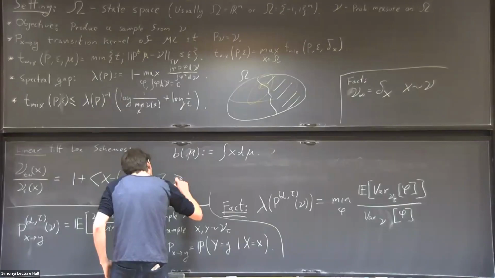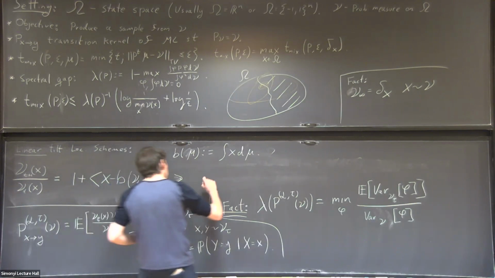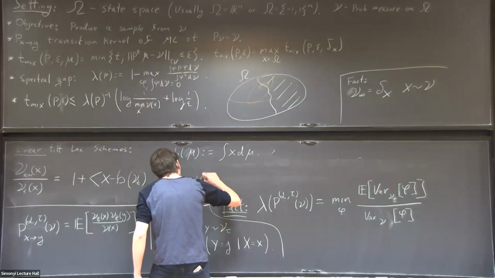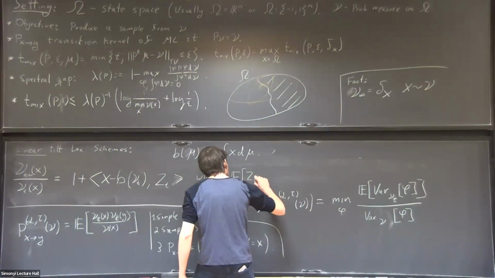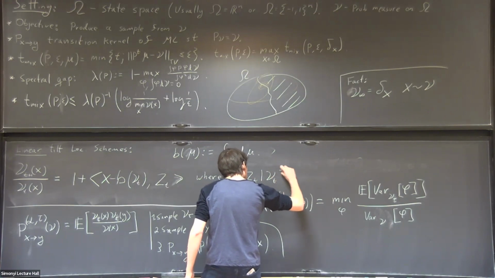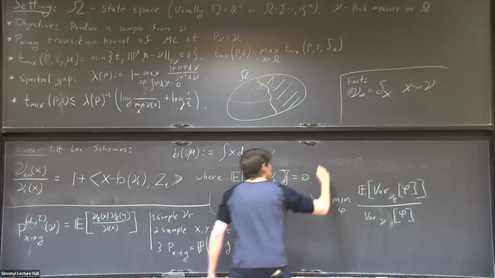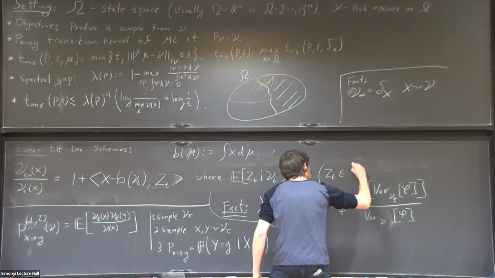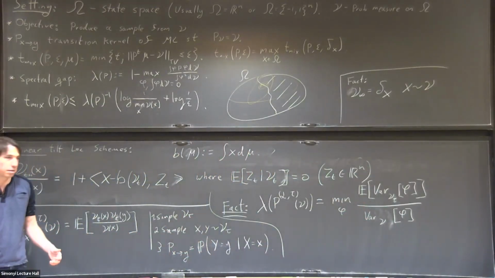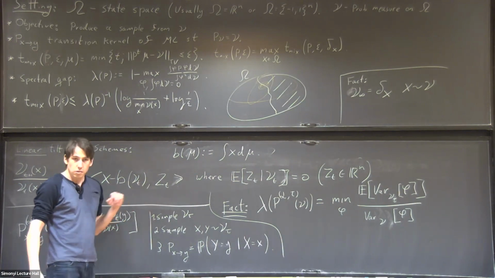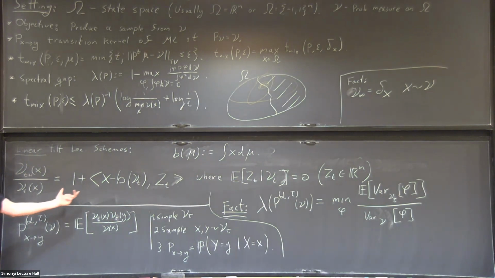So the randomness is going to come from this random vector zt, where the expectation of zt given mu t is 0. And zt takes values in Rn, or in the linear space, really in the dual to the linear space. Okay, so this is just a family of localization schemes.